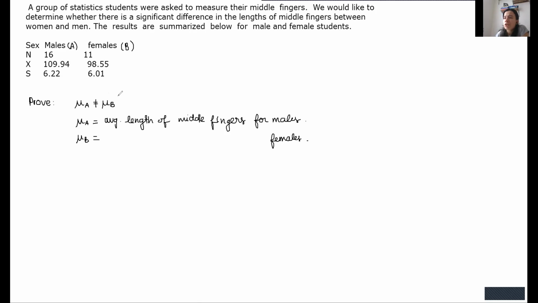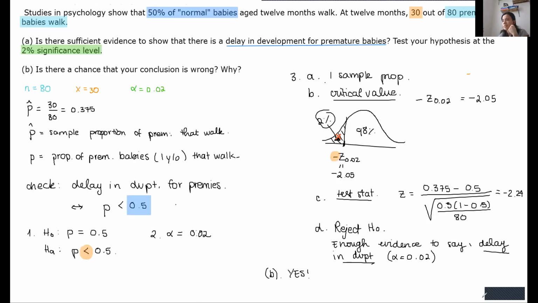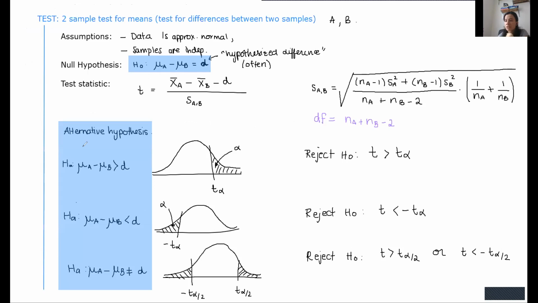Now, I'm trying to show that mu A is different than mu B, which means that this corresponds to my alternative hypothesis, right? This is the thing that I'm trying to show evidence for. But my alternative hypothesis, as well as my null hypothesis, are expressed not in terms of mu A and mu B, but in terms of mu A minus mu B, the difference between these two means.